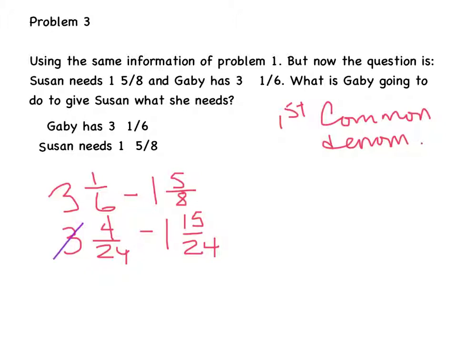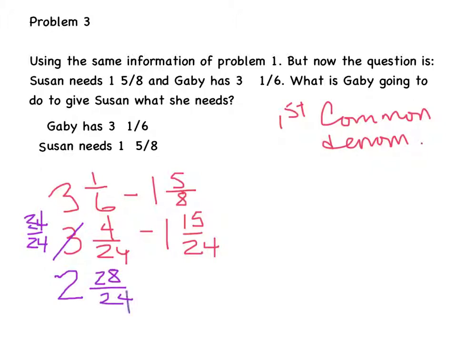And borrowing means that I will have to get a pizza. And now I will have 2 whole pizzas. But I will add 24, which I am borrowing, and add it with these 4.